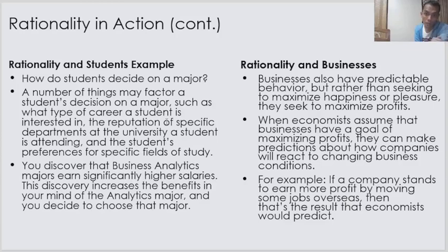Minsan titingnan mo yung ano yung gusto mo na career as estudyante, ano yung reputasyon ng eskwelahan at departamento ng university kung saan ka gusto mo mag-aral, as well as ano yung gusto ng field ng estudyante. Pero mas madalas, mas matimbang yung magkano ang kikitain ko pag nagtrabaho ako related sa field na kukunin ko.